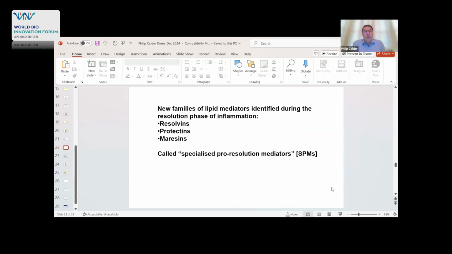And they identified new lipid mediators formed during the resolution of inflammation. And according to their structure, they termed them resolvins because they resolved inflammation, protectins because they protect against inflammation, and maresins because they're macrophage-derived resolving mediators. Together, resolvins, protectins, and maresins are termed specialized pro-resolving mediators, or SPMs.